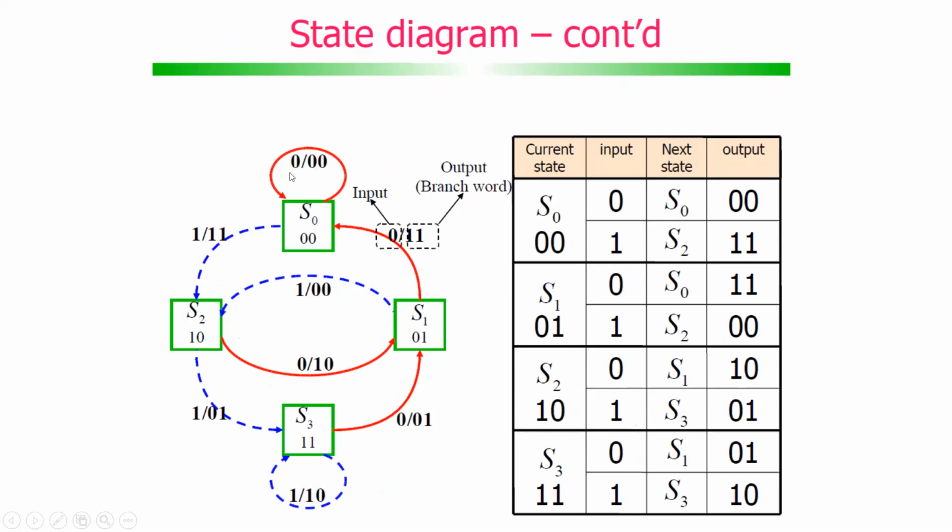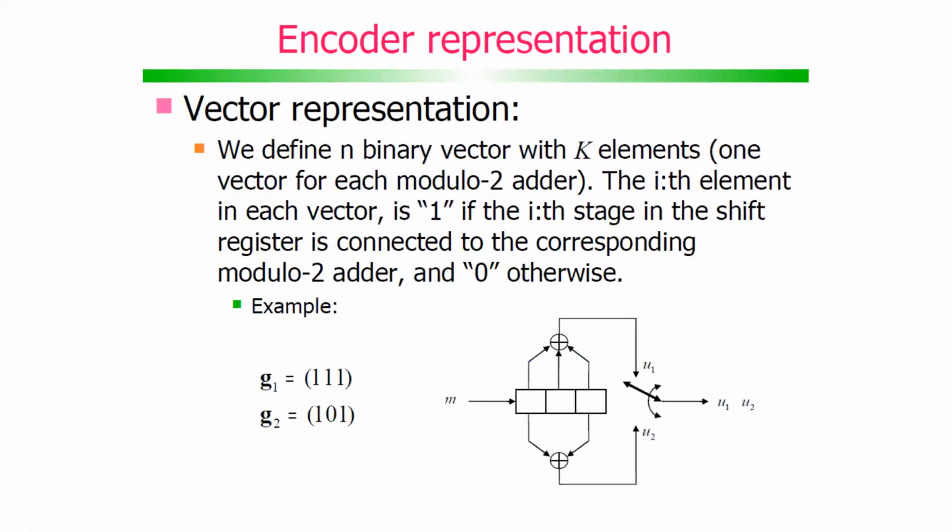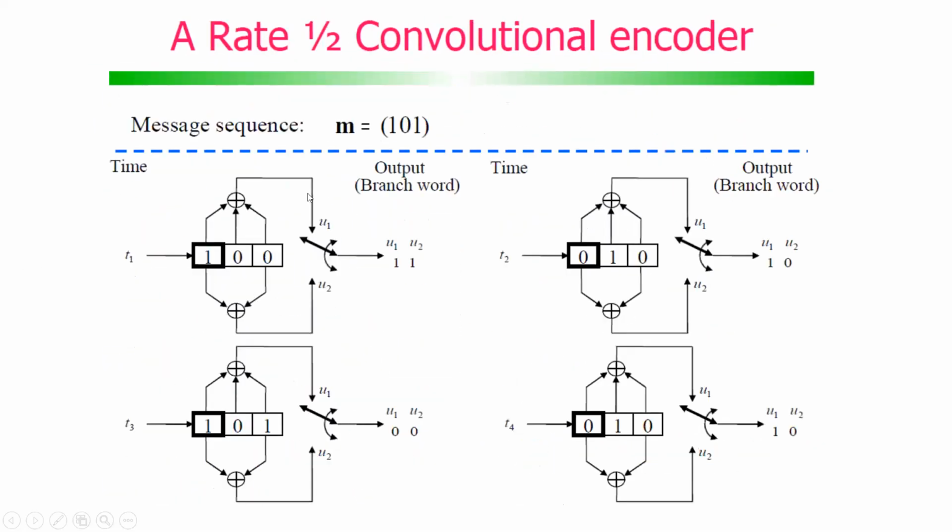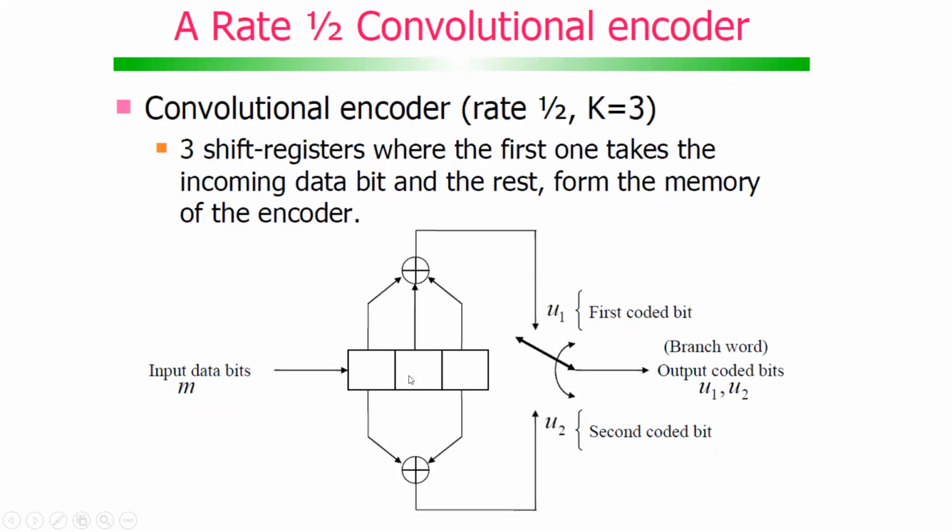If input bit 0 comes in this encoder structure, let me show you. If the shift register is, let's say, in 0 0 state, that means the second element contains 0, the third box also contains 0, and if 0 comes as the input, what is the output? 0 0.